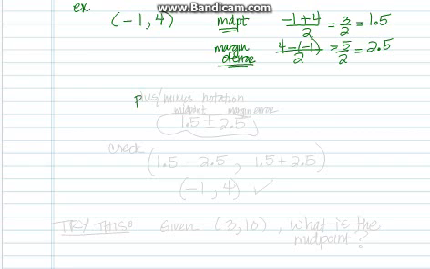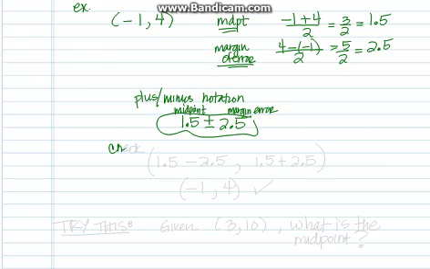So our plus minus notation, we have 1.5 plus or minus 2.5. So again, this is our midpoint. And we add or subtract the distance, which is our margin of error, in order to get to our endpoints.